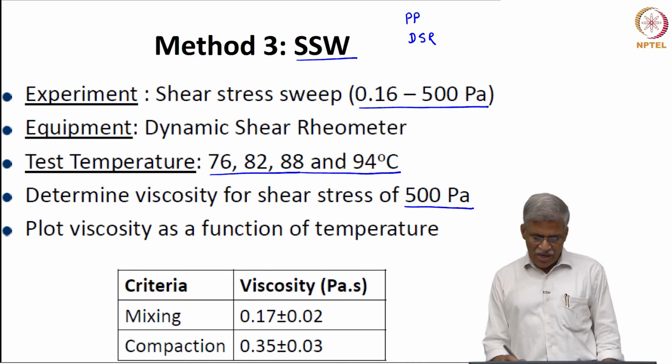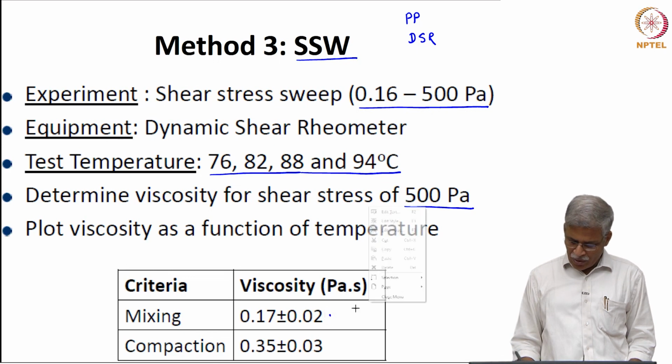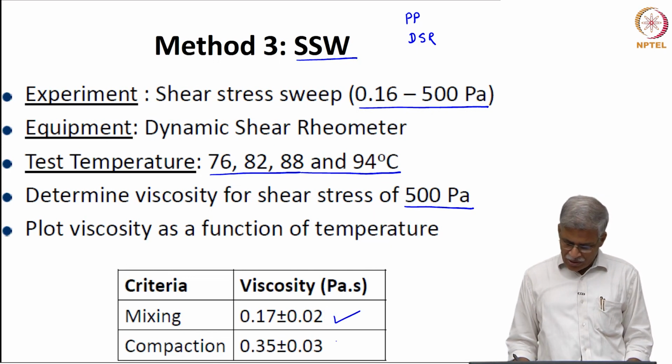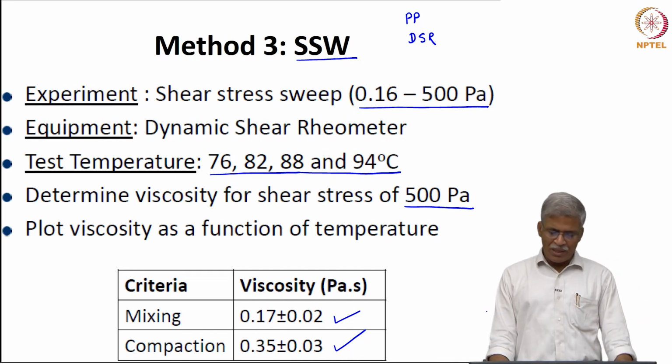And wherever we get the temperature corresponding to a viscosity of 0.17 plus or minus 0.02 or 0.35 plus or minus 0.03 is typically taken as the mixing temperature as well as the compaction temperature.